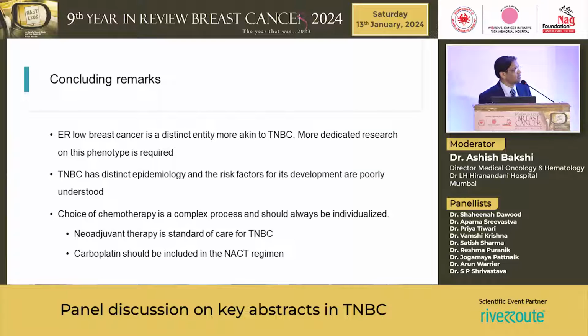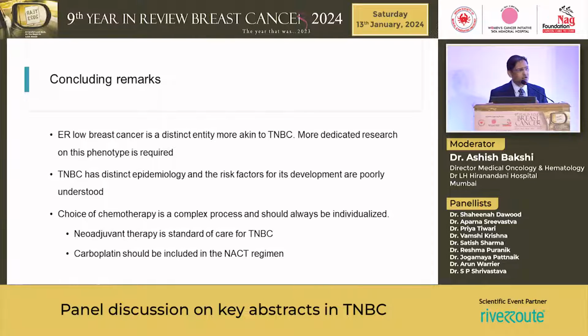All right. Metronomic dosing has been discussed. Let me quickly summarize. ER-low breast cancer is a distinct entity, more akin to TNBC. More dedicated research on this phenotype is required, and I am sure in the times to come we'll see more studies like that. TNBC has a distinct epidemiology, particularly in India also, as has been elucidated by Dr. Shonanak's paper.